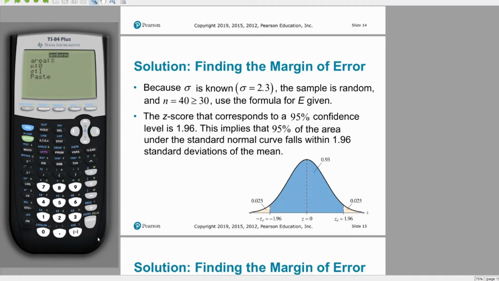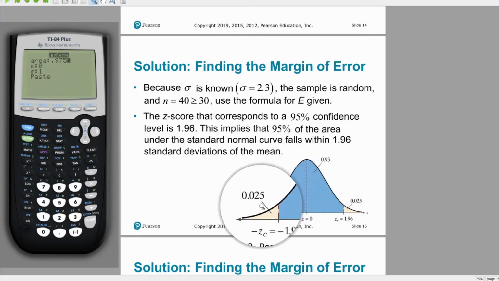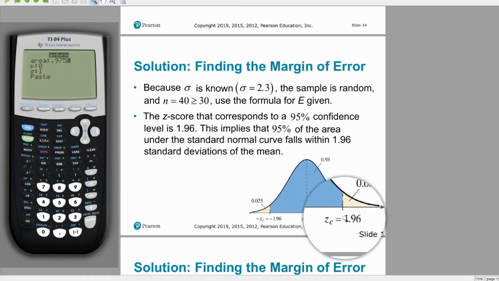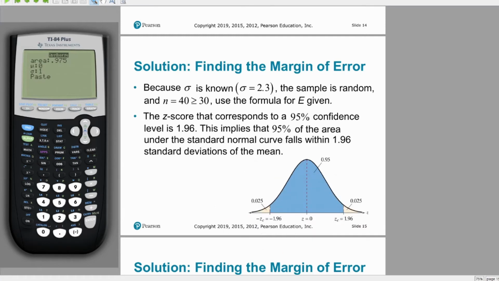But what most of you are probably going to do is put in 0.975 for the 95 in the middle and the 2.5 on that left tail to find this value here of 1.96, using the calculator, with some room for rounding.